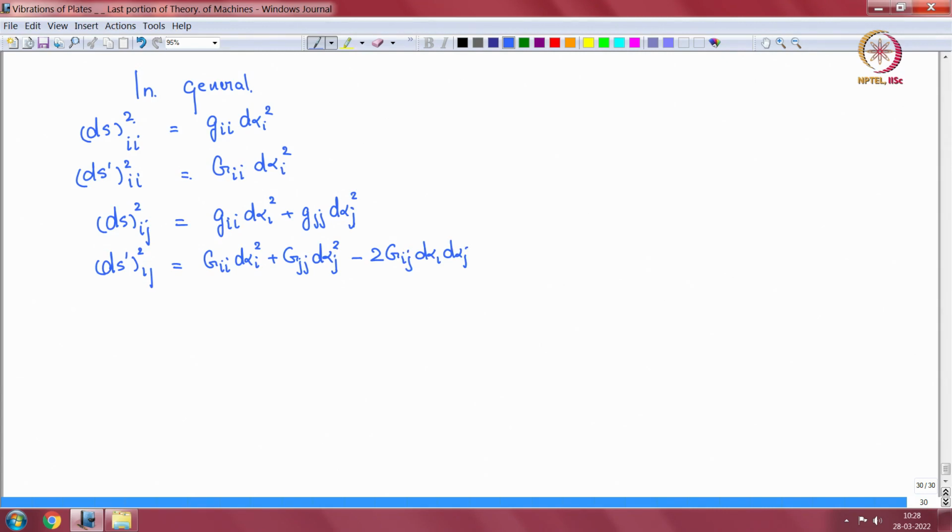Okay. So what is now the next step? We know undeformed lengths, we know deformed lengths. So now it's time to derive expression for strain. Okay. So first we'll do normal strain.